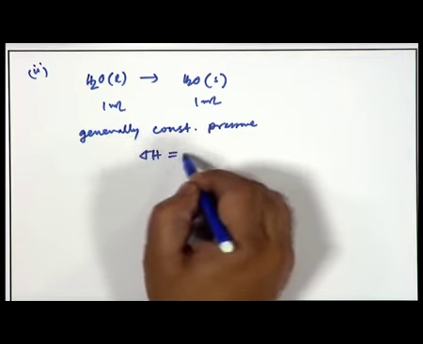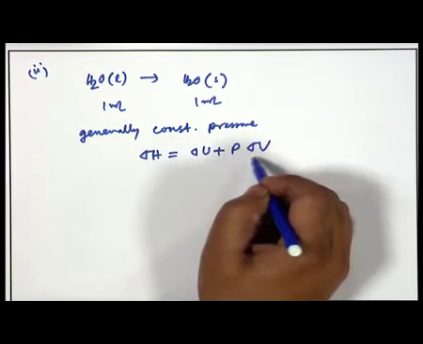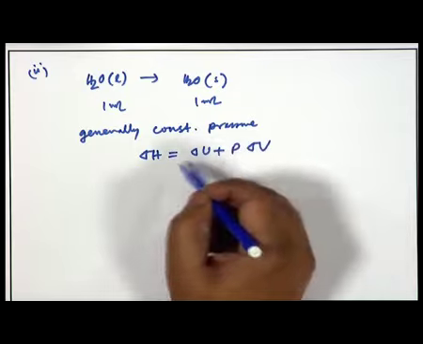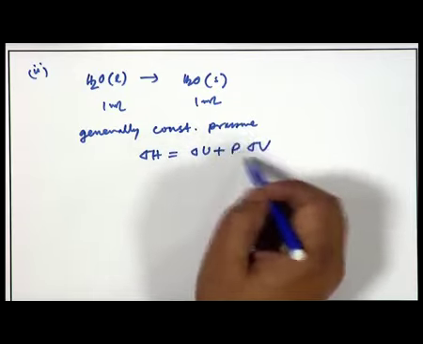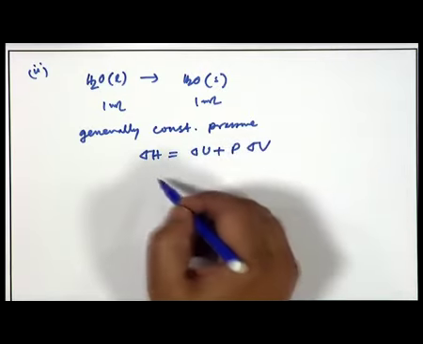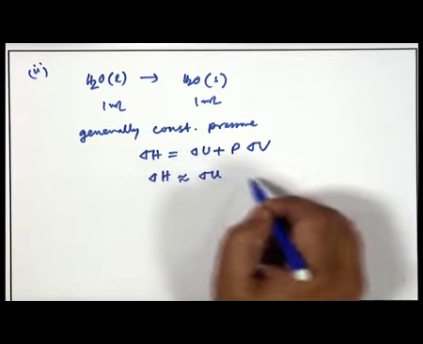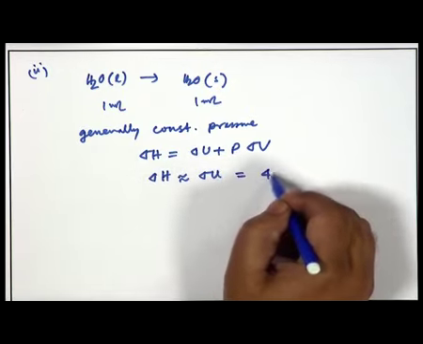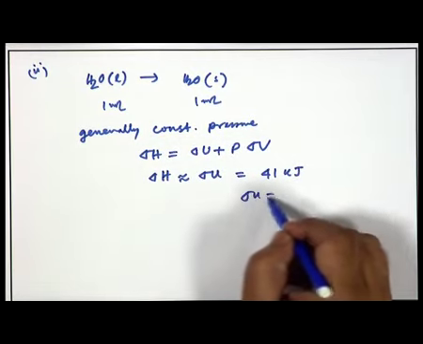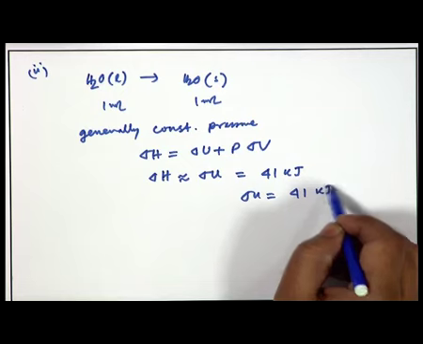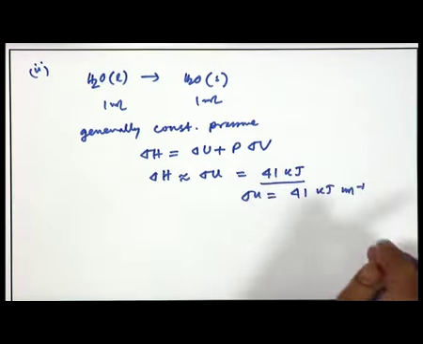So, del H can be considered as del U plus P del V, and as we talked earlier, because of solid and liquid, the volume change is negligibly small. So, in this case we will have del H close to del U, which is 41 kilojoule for 1 mole. So, you can write del U as equal to 41 kilojoule per mole as well, but your answer is 41 kilojoule.